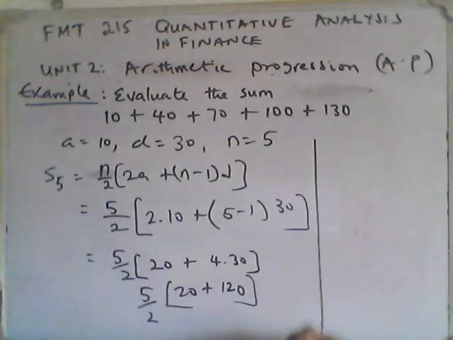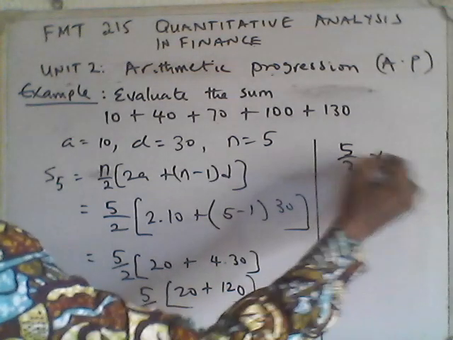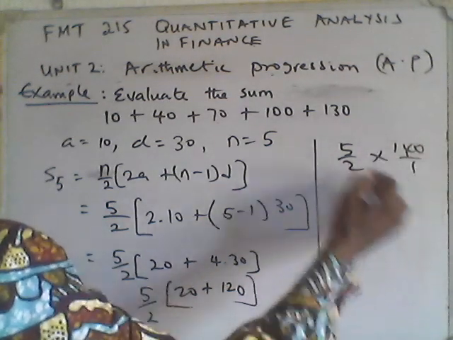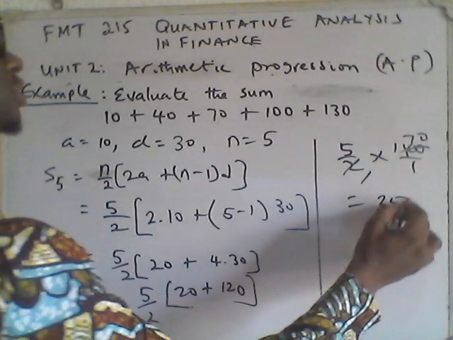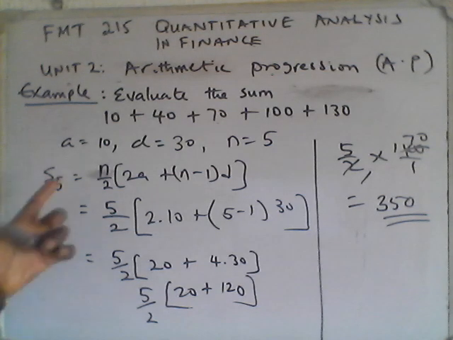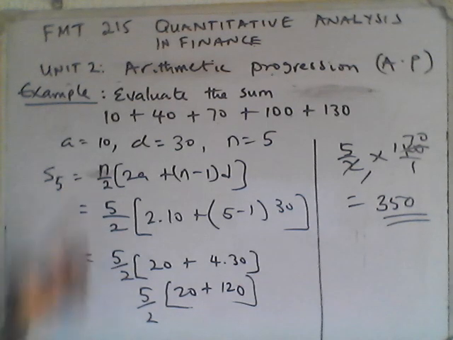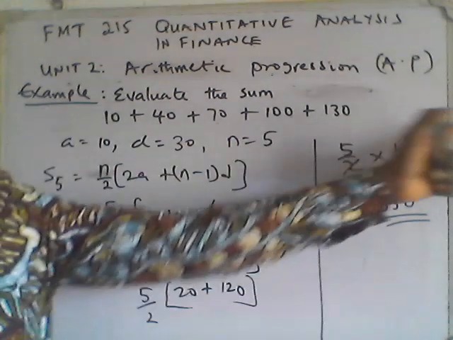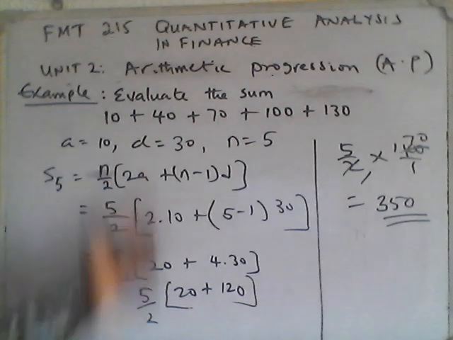That's 5 over 2 times 140 over 1. 70 times 5 is 350. So 350 is the sum of the first 5 terms of that series, which is consistent with adding each of them one by one with the calculator. But of course, you agree with me that if the series is a very long one, you might not have the luxury of adding up with the calculator. You just go with this formula.